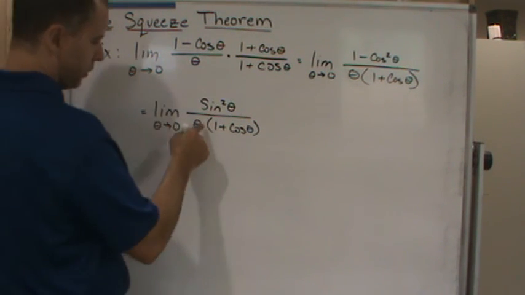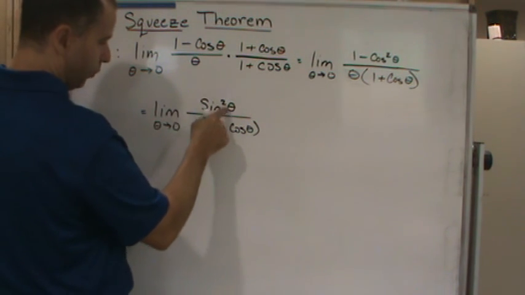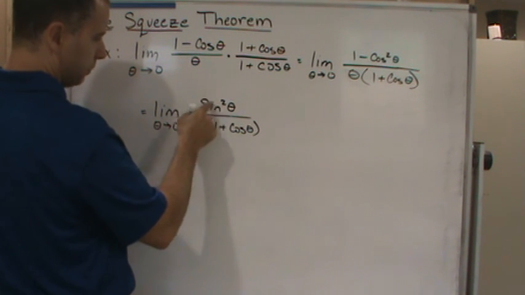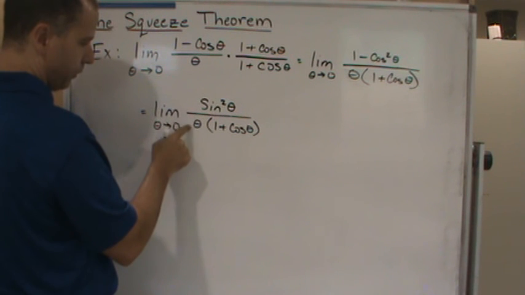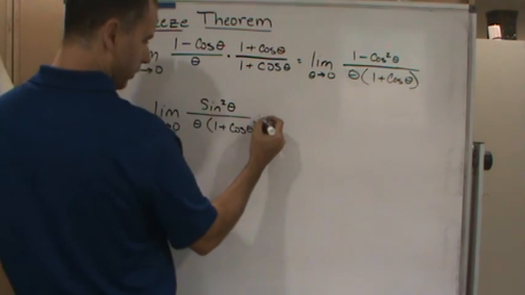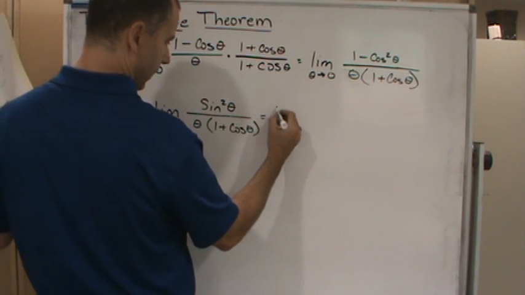Notice we've got theta here and sine squared theta, so why don't we split this up, because then we can match up sine theta over theta. So we can rewrite this like this.